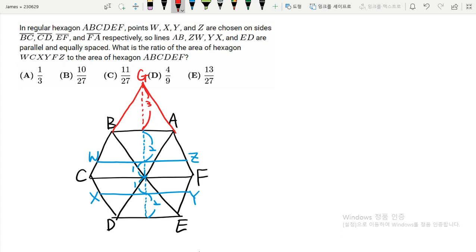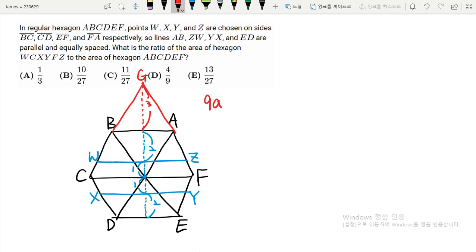And in terms of area, if the scale factor is 3 to 5, for the area we need to square. So the ratio between areas is 3 squared to 5 squared, so 9 to 25. So let's say the area of this GBA is 9A.